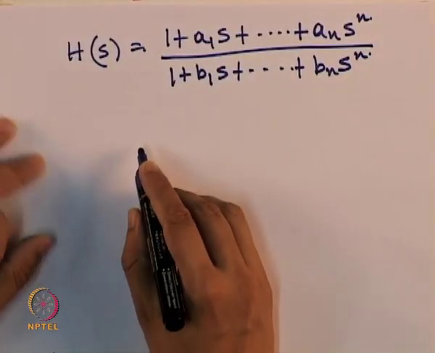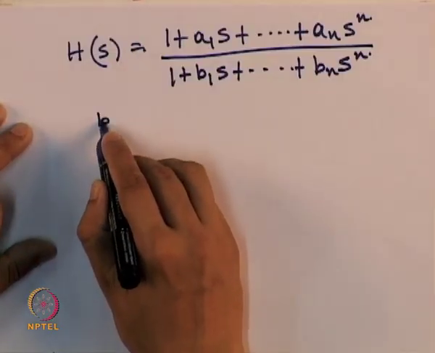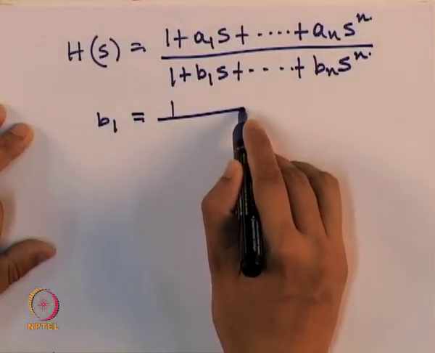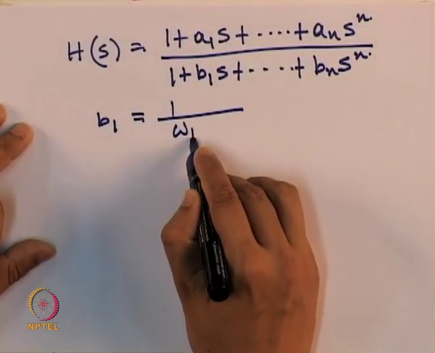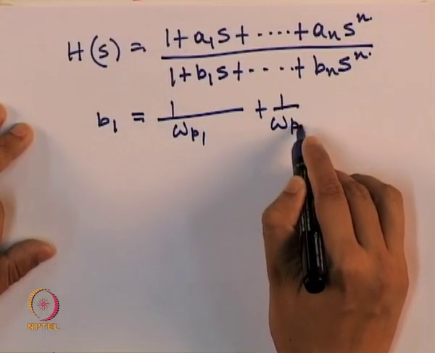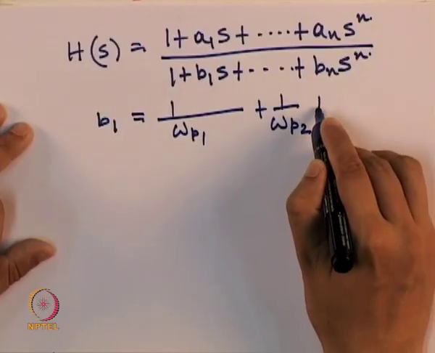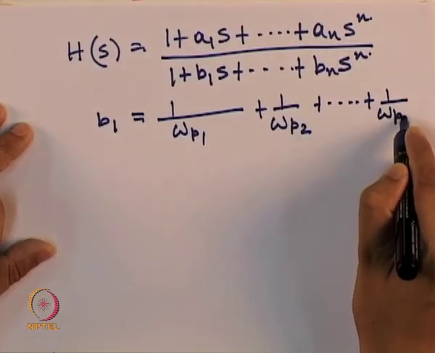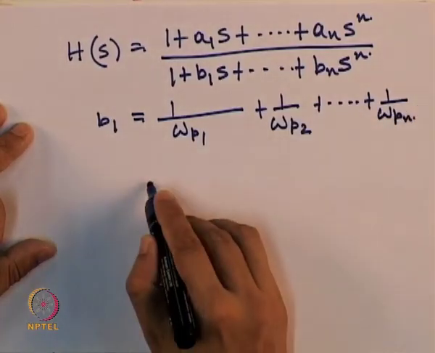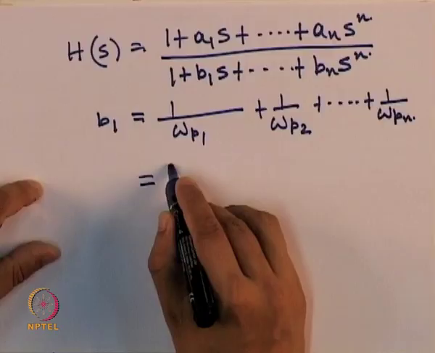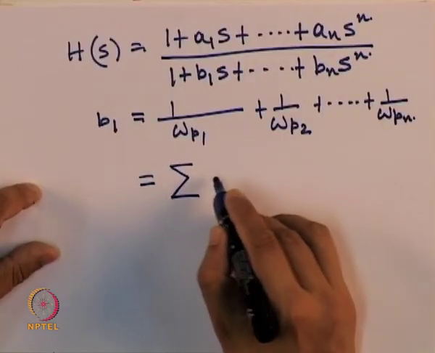Now it can be shown that this b1 is given by the poles omega p's like this, and this in turn is given like this.